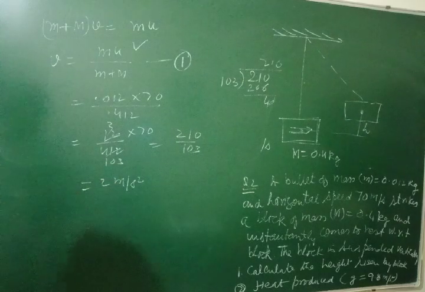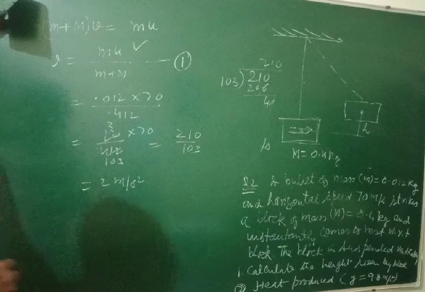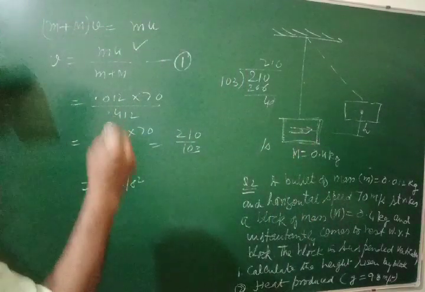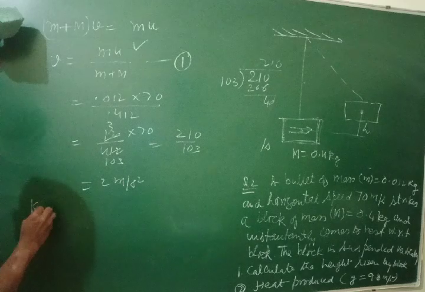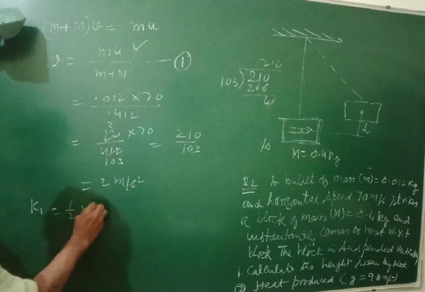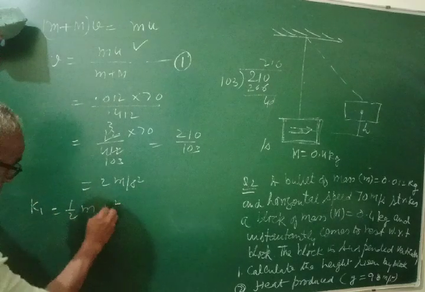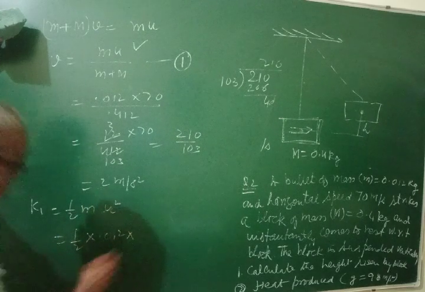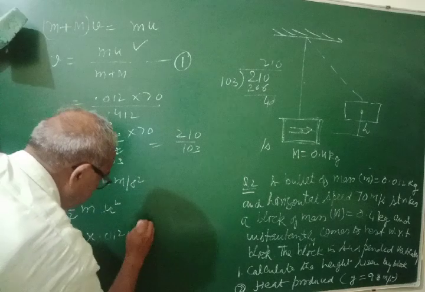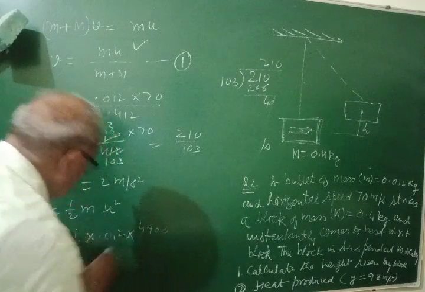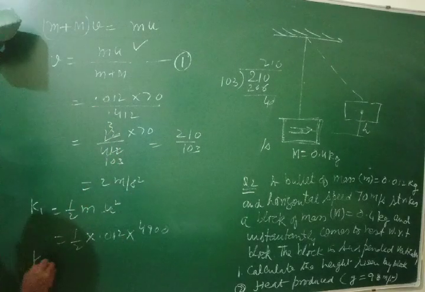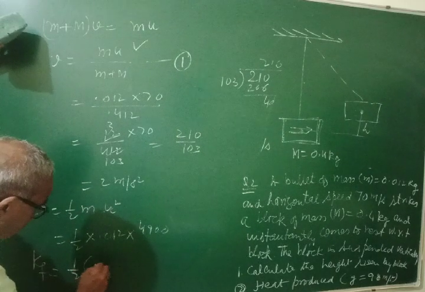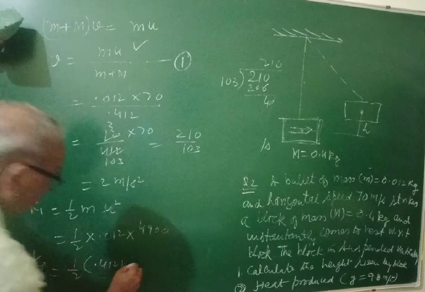Therefore, the kinetic energy after collision and the kinetic energy before collision. Whose is the initial kinetic energy? Bullet, half m v square: 1/2 into 0.012 into 70 square, which is 4900. And K final is 1/2 into total mass 0.412 into 2 square.